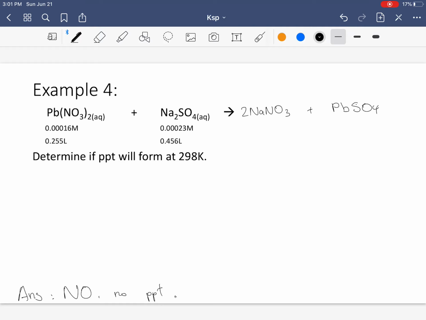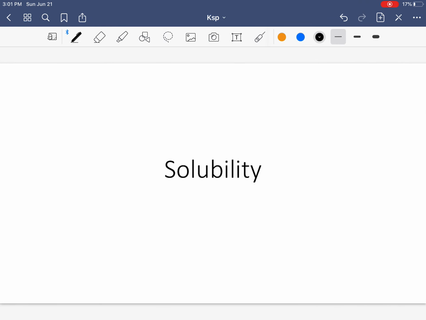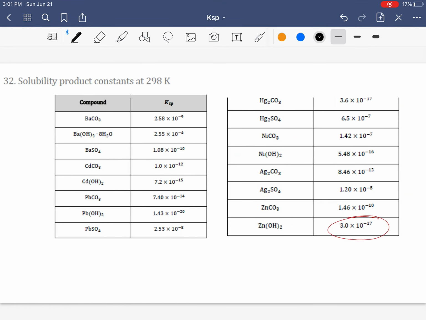Okay? Is lead(II) sulfate a precipitate? I can tell you right now it is. So no need to look at the solubility table to determine. Okay? Because it is. But you need to look at this. Okay?